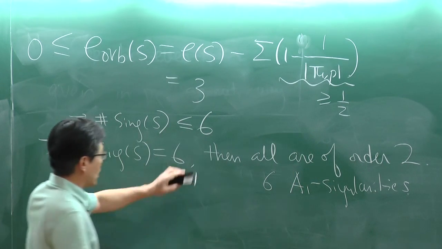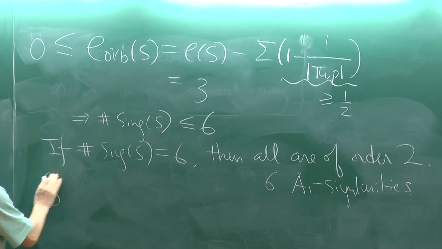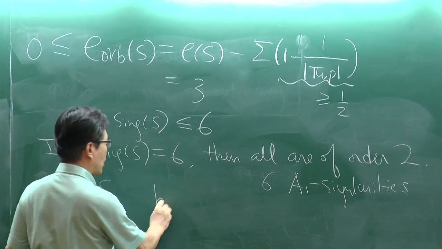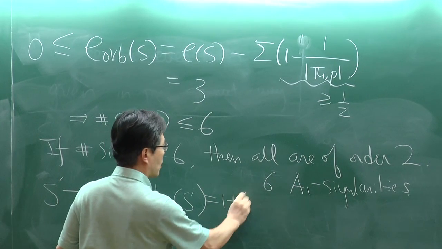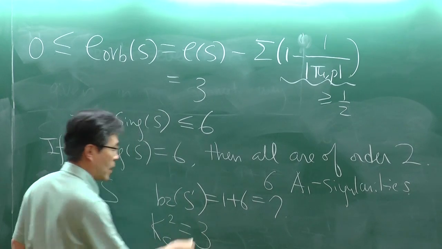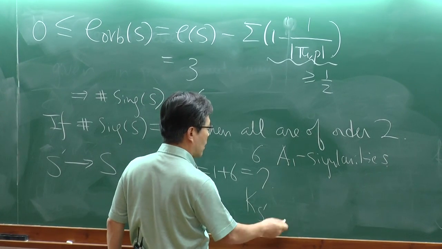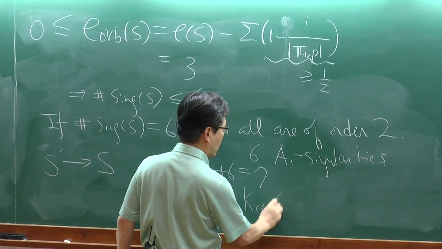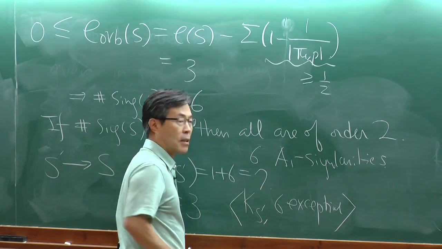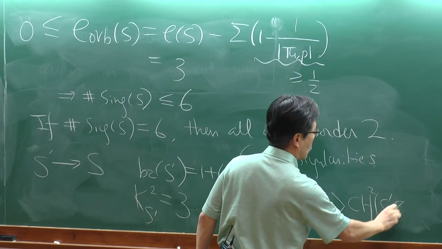So we have to get rid of this case. And then you can think of S tilde, S prime to S. The second Betti number of S prime is equal to 1 plus 6, which is 7. K_{S prime} squared is equal to 3. So K_{S prime} and the 6 exceptional curves generate a sublattice inside the free part.